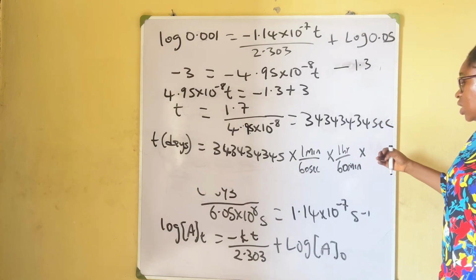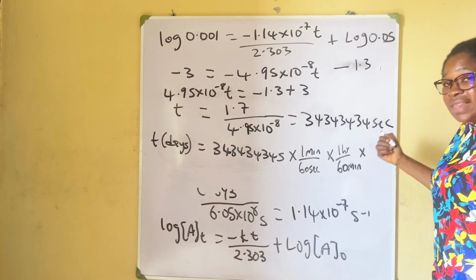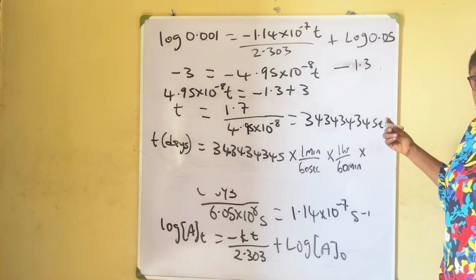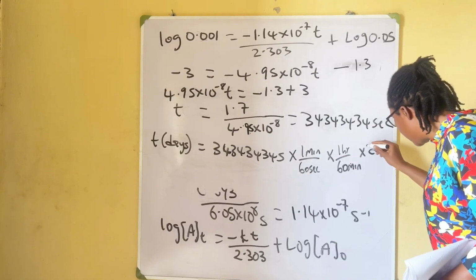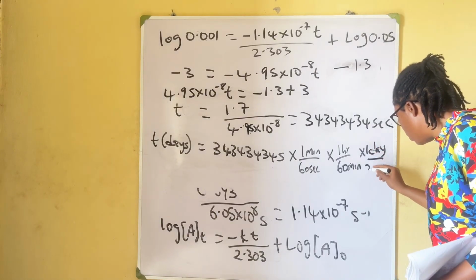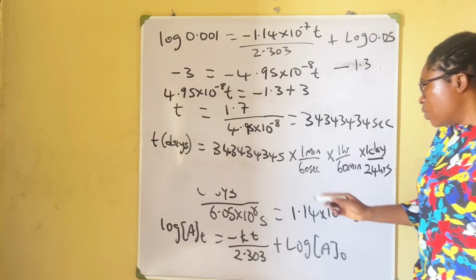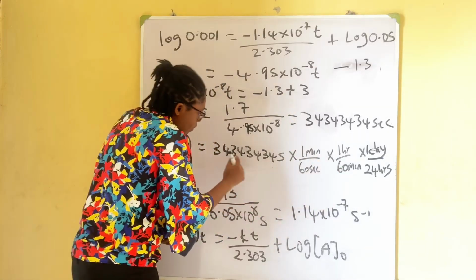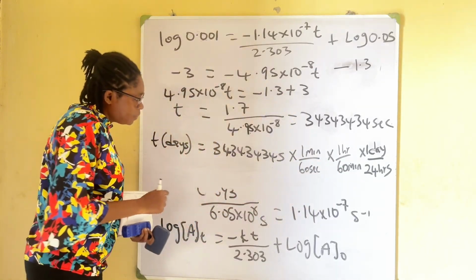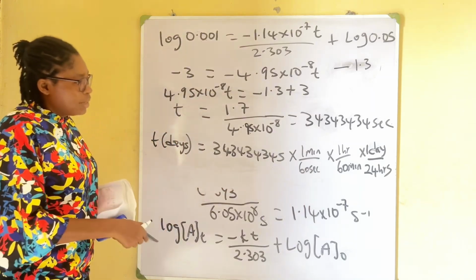What's the relationship between hours and days? 1 day is equal to 24 hours. So I'm going to have 3.34 times 10 to the power 7 seconds divided by 60 times 60 times 24.